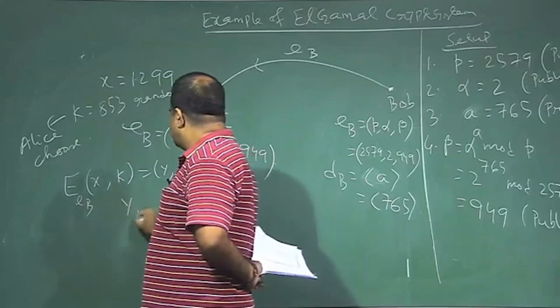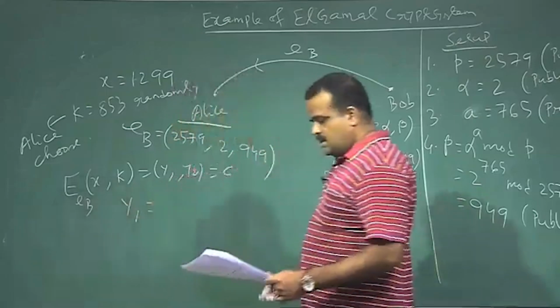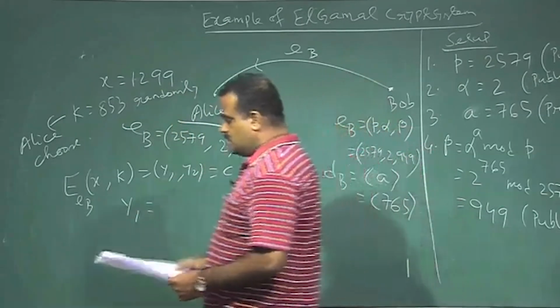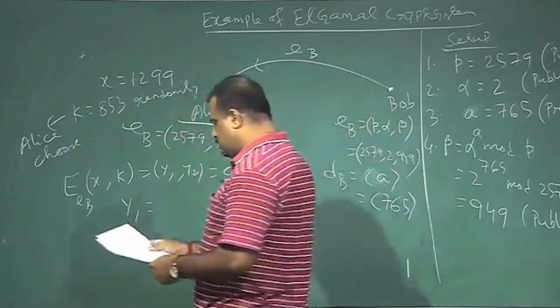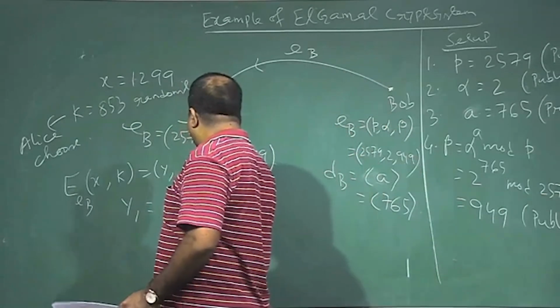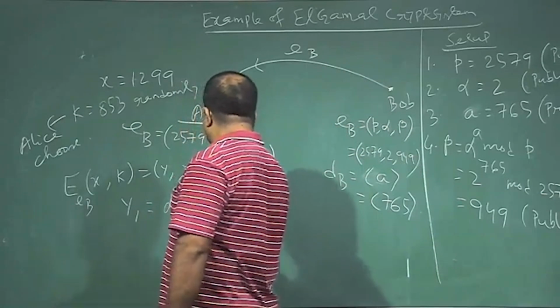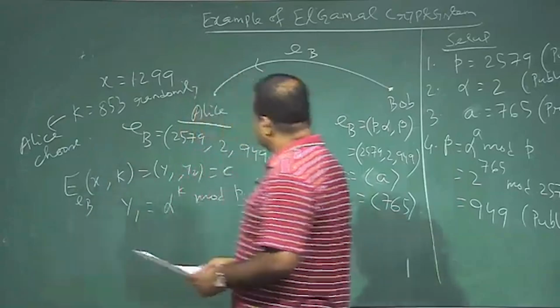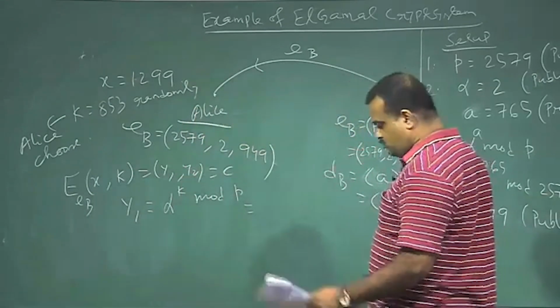So what is Y1? Y1 is basically alpha to the power K mod P. Here alpha is 2.